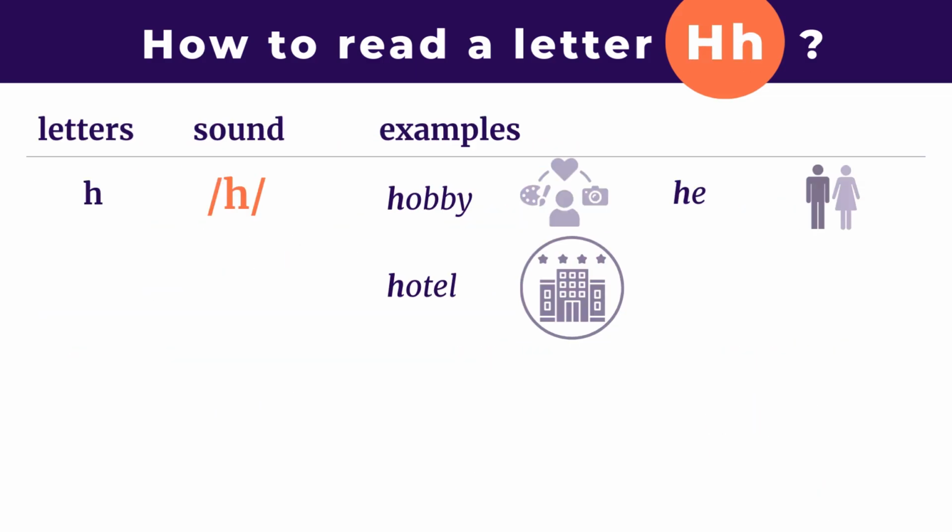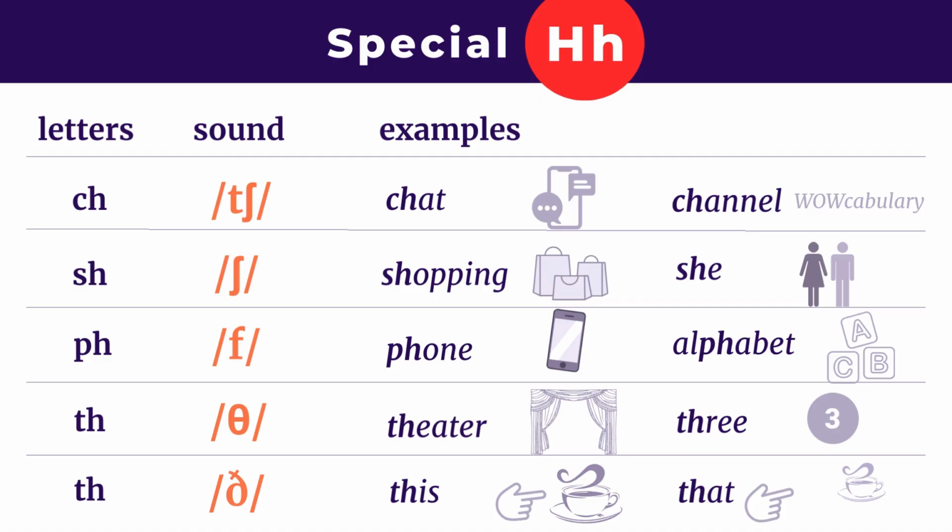The letter H is hobby, he, hotel. But H is a special letter. With other letters, it makes new sounds. C and H make ch, chat, channel. S plus H form a sh sound.